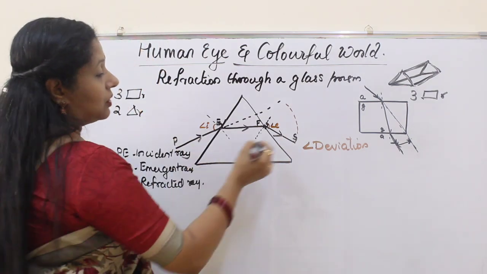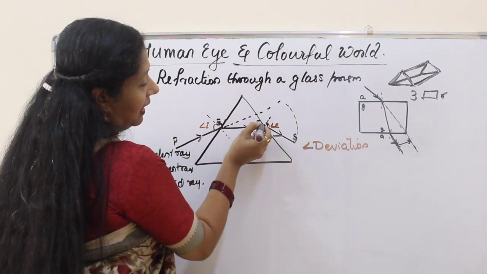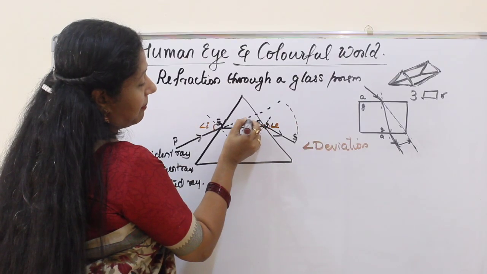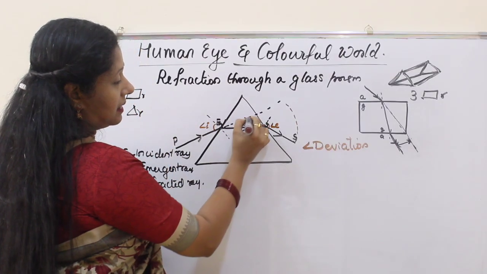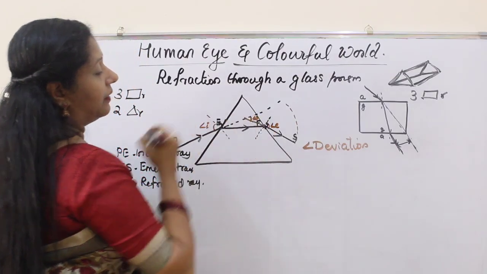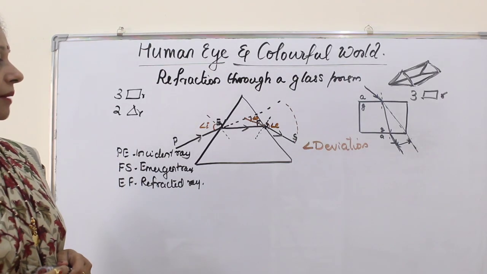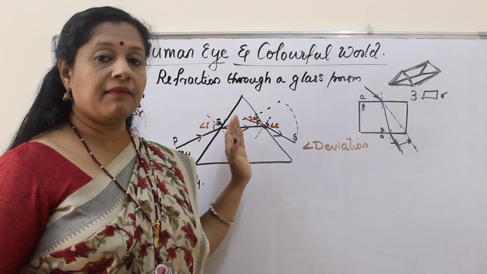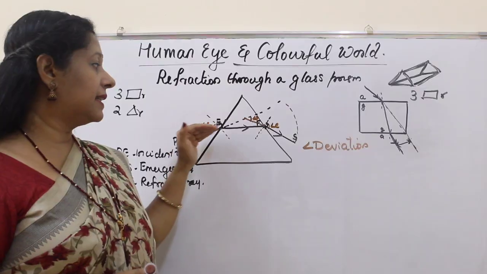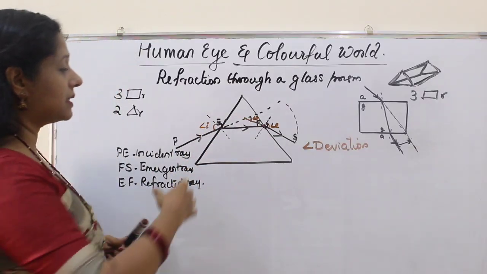To find this angle, we can produce this ray backwards and meet with this. So this is the angle of deviation. Clear? So the glass prism, when light is falling, bends it towards the base.